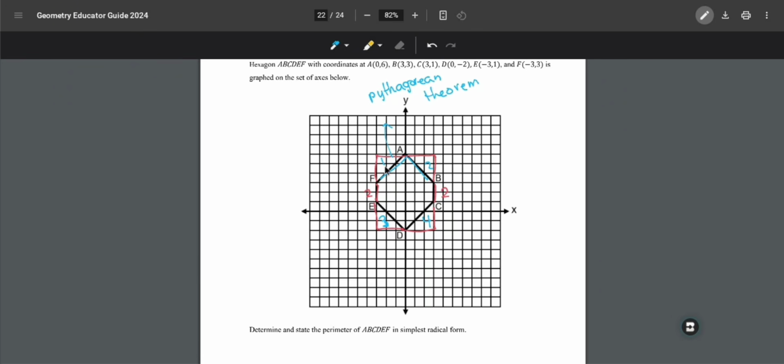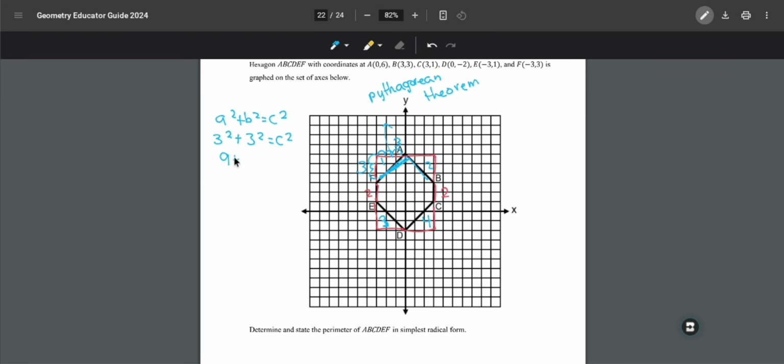So I'm going to take triangle number 1. It has a side length of 3 by 3. So I'm going to use my Pythagorean theorem, a squared plus b squared equals c squared. I know my a squared is 3 squared, b squared is 3 squared, and c squared is the length of the hypotenuse that I'm trying to find, which is the side that I need for my perimeter.